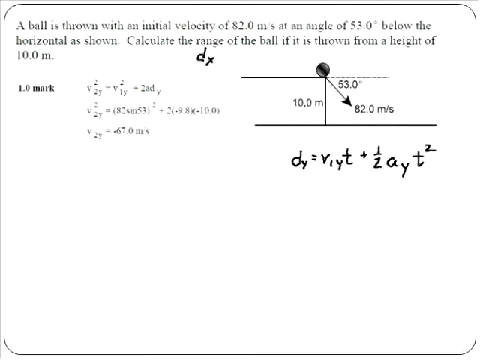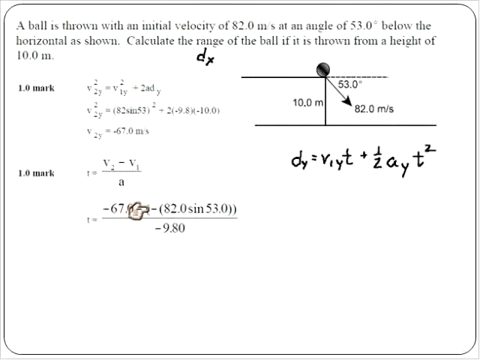And then you use that, using the acceleration formula, to find the time. Now, here's the key to this. v2 we know because we just found it, negative 67.0. But take a look right here at v1. Notice this negative sign here? That's because when you find the vertical component of that initial velocity, it's negative.